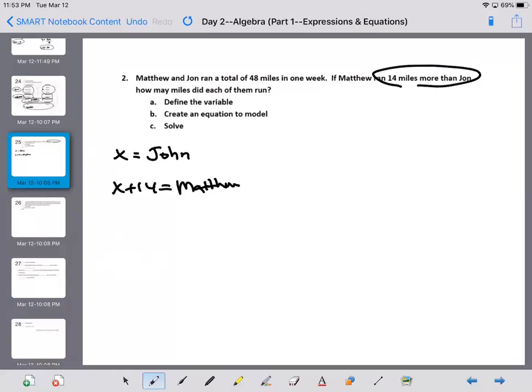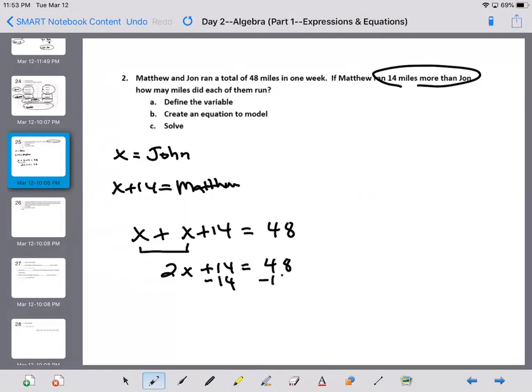And so we're going to have X plus X plus 14, and all that's going to equal 48. So when we add our like terms together, we're going to get 2X plus 14 is equal to 48, and then we're going to subtract 14. So I'm using my inverse operations. I'm going to get 2X is equal to 34. So this is going to divide by 2, so X is 17.